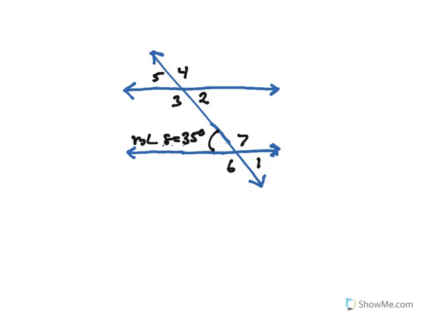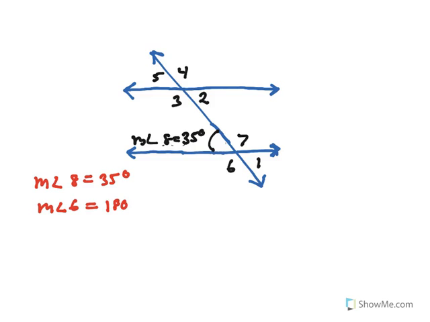So let's find all the angles. Well, the first one's given. The measure of angle 8, we said, was 35 degrees. Why don't we find the measure of angle 6? You notice that these two angles are adjacent, which means they form a straight line.